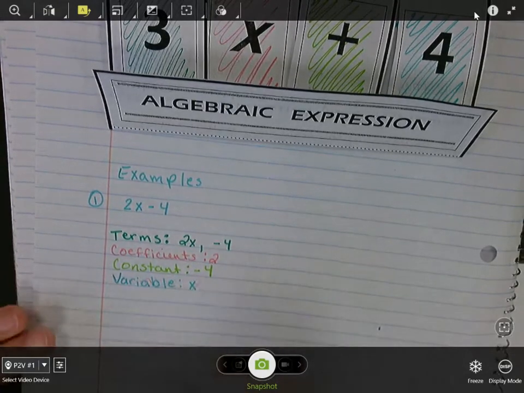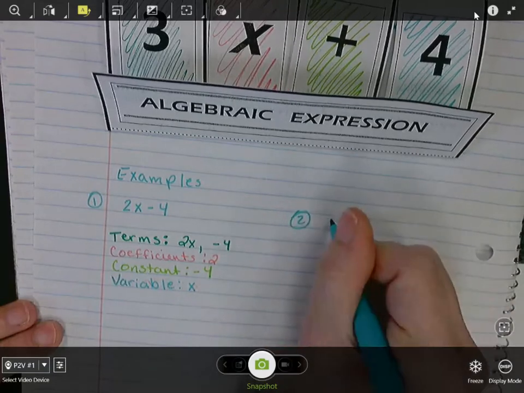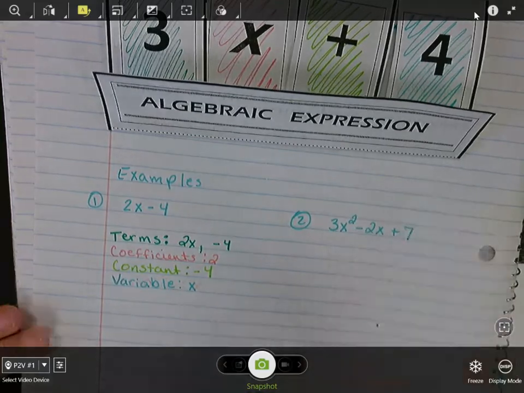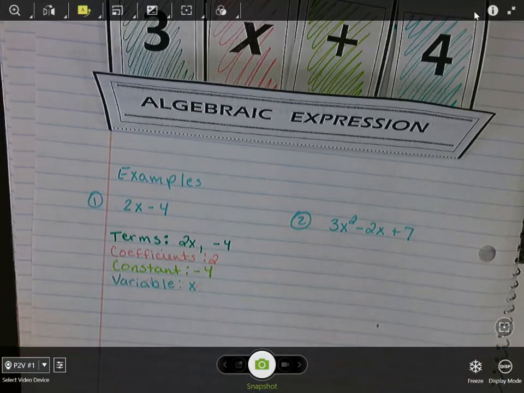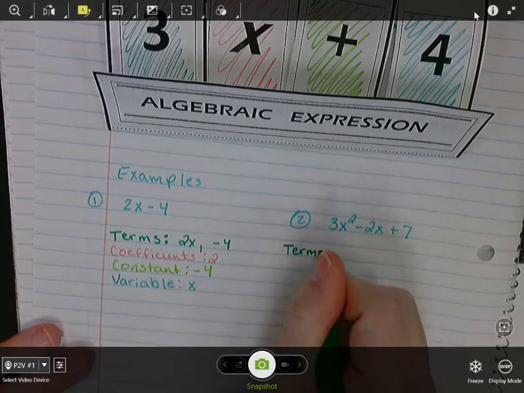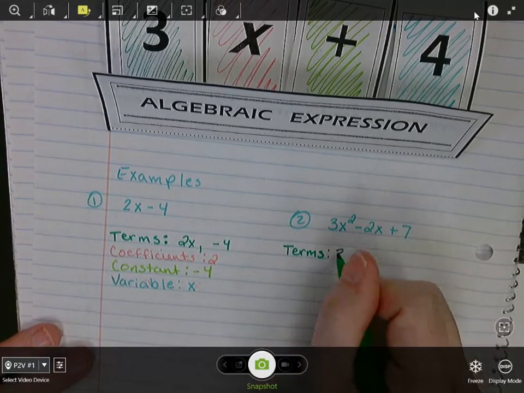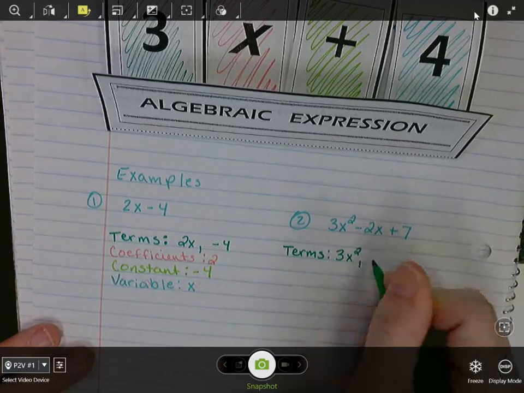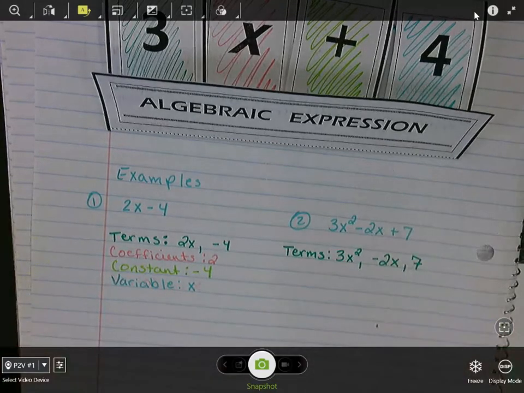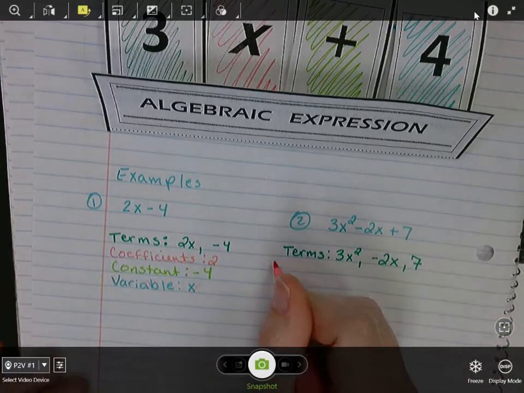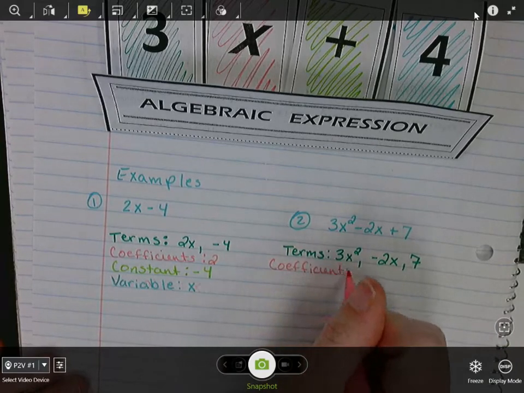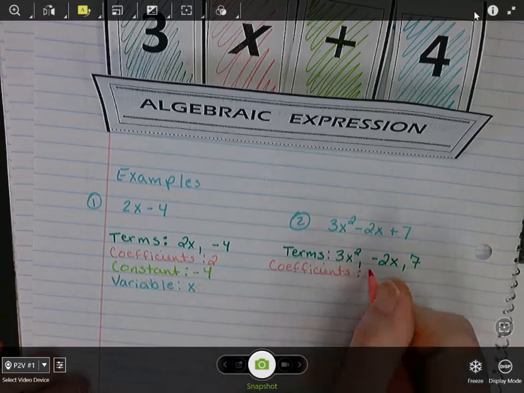Okay, so another example. 3x squared minus 2x plus 7. All right, so first let's list the different terms. Okay, so 3x squared is a term, negative 2x is a term, and positive 7 is a term. Your coefficients would be 3 and negative 2.